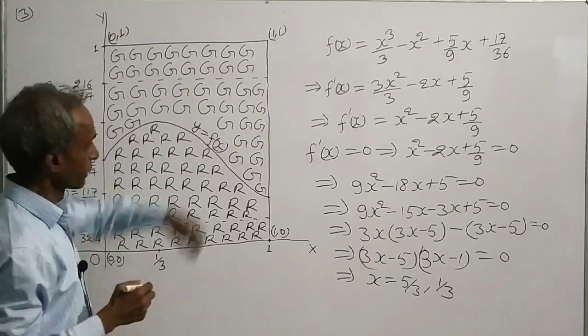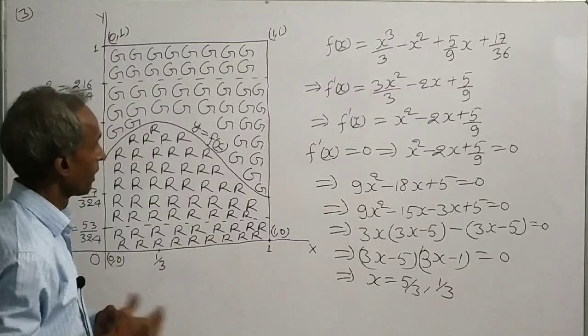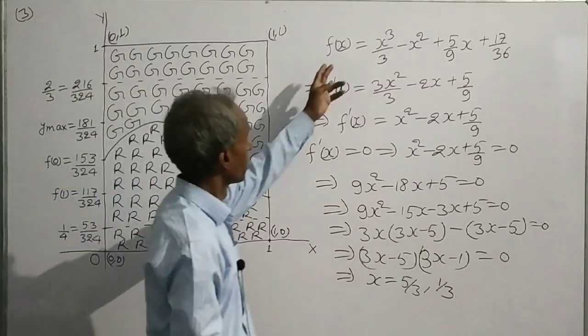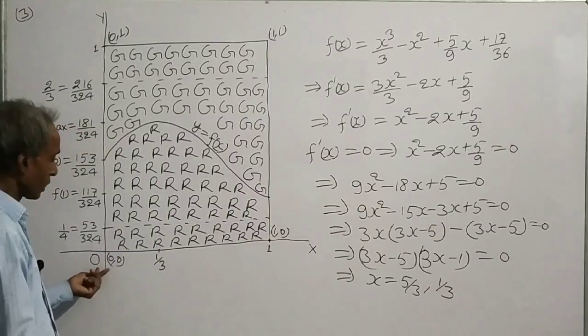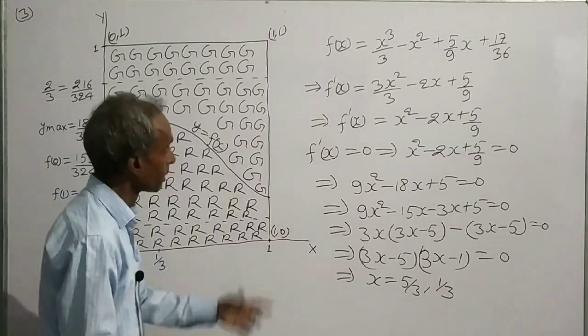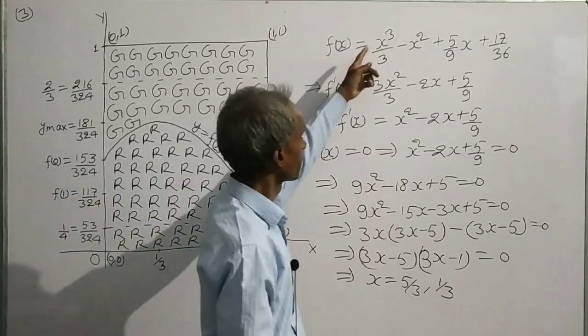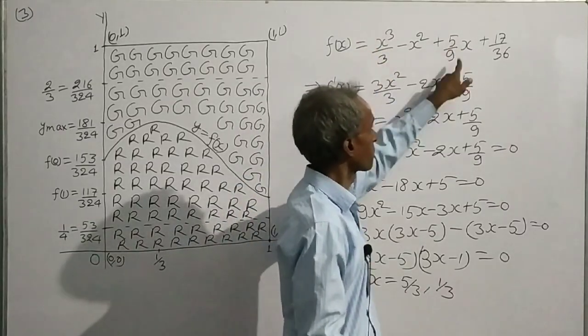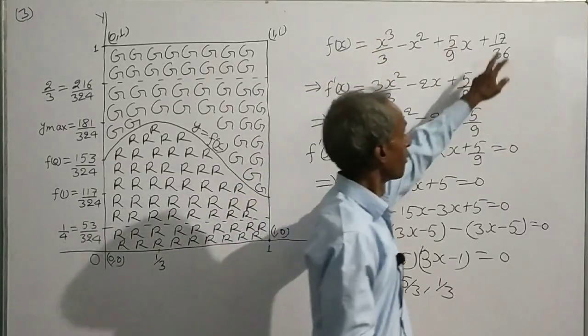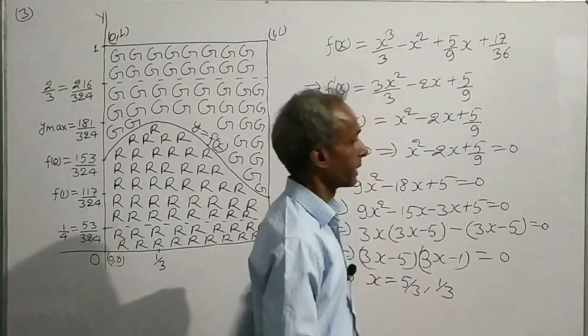This is a square and a function that is defined from x coordinate 0 to 1 is f(x) = x^3/3 - x^2 + 5/9 x + 17/36.